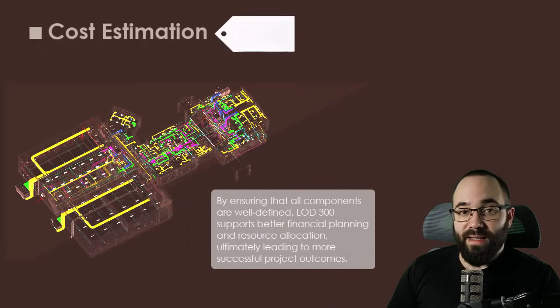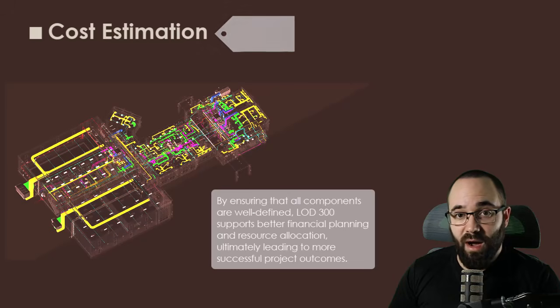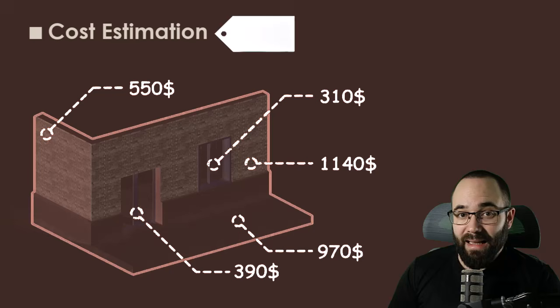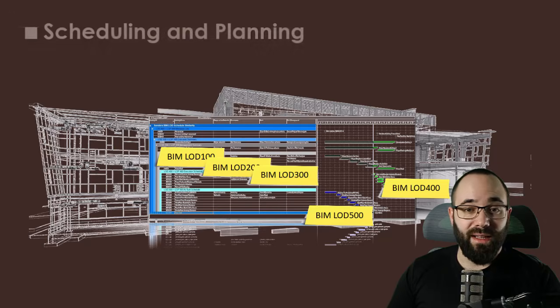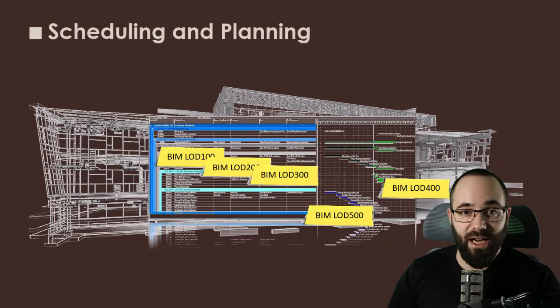Then we have cost estimation. An accurate LOD supports better cost estimation. At LOD 300, for example, detailed elements allow estimators to provide precise material quantities and labor costs, reducing budget overruns later on. LOD in BIM is also important for scheduling and planning because higher LODs facilitate better scheduling.